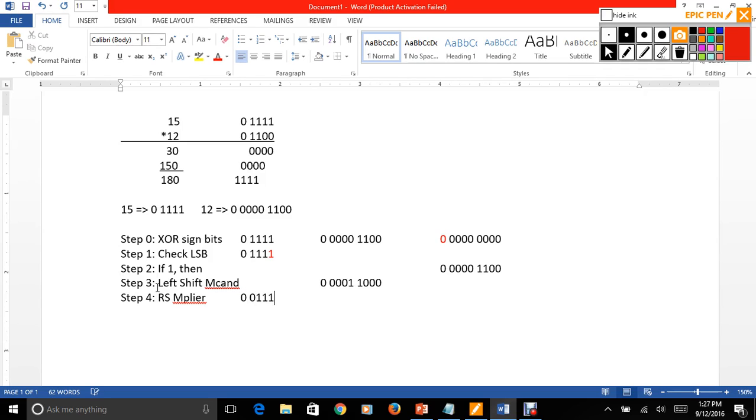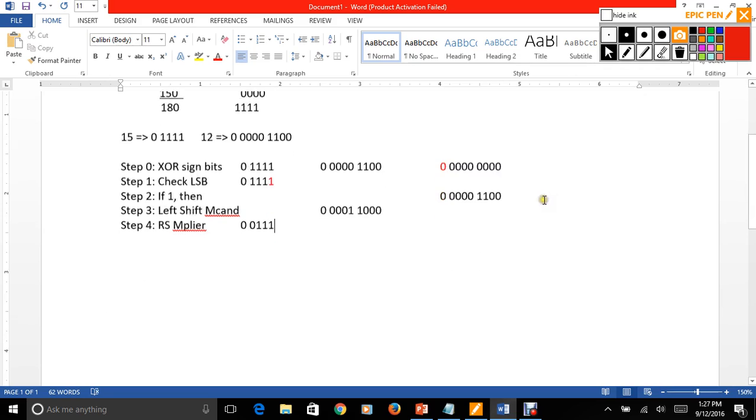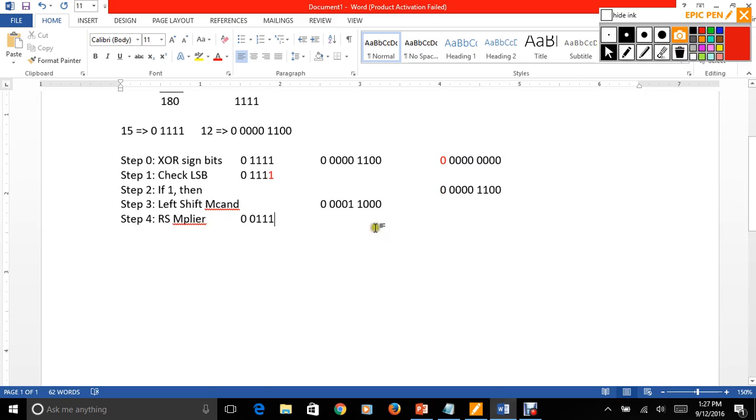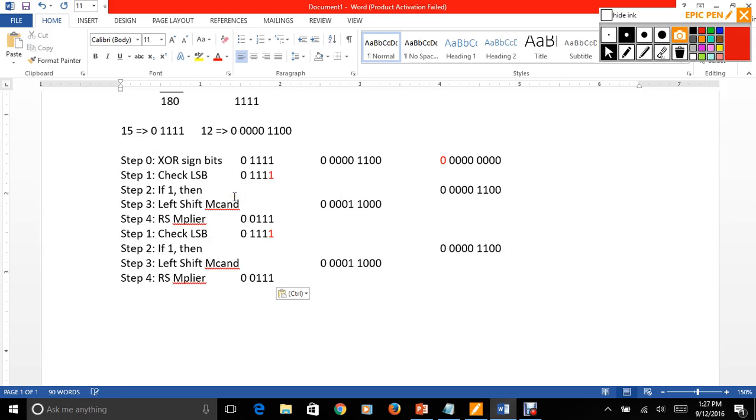And then you can do the same thing, step 2. And for simplicity's sake, I'm just going to copy this here. Control C, Control V. So here you're checking the least significant bit.